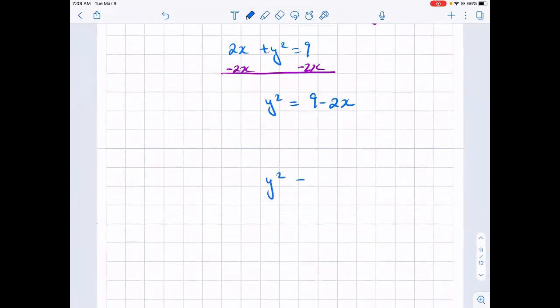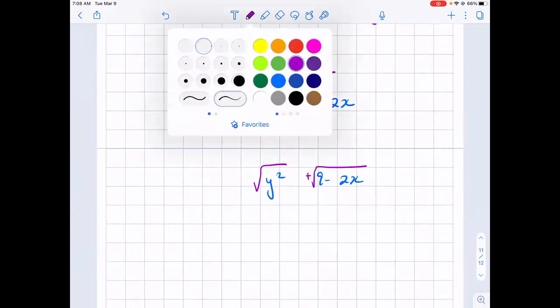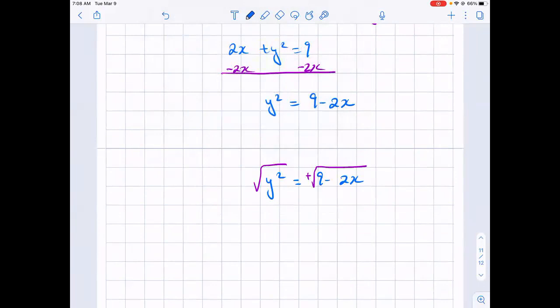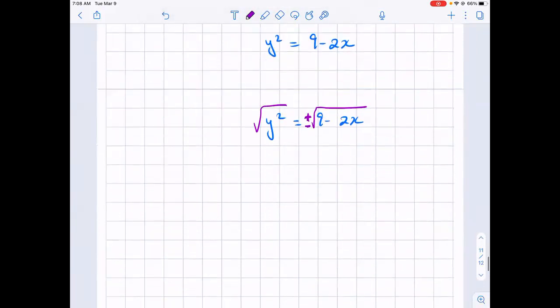If I have y squared is equal to 9 minus 2x and I want to solve for y, we will now take the square root of both sides. But be careful when you have square roots, you get a plus or minus. So now we have y is equal to plus or minus the square root of 9 minus 2x.